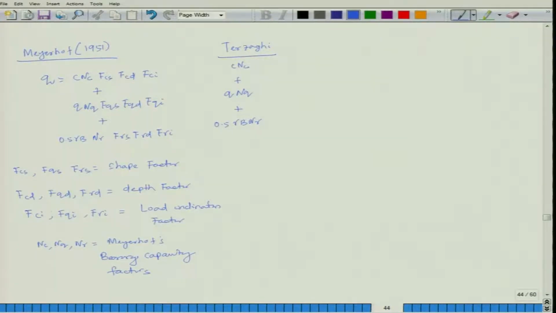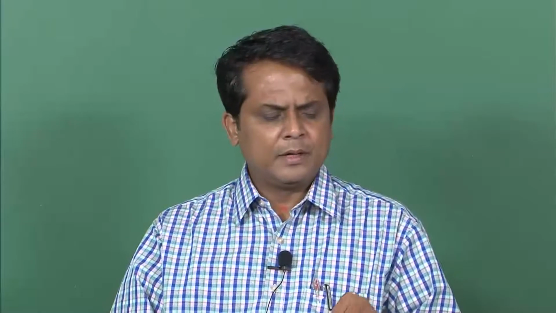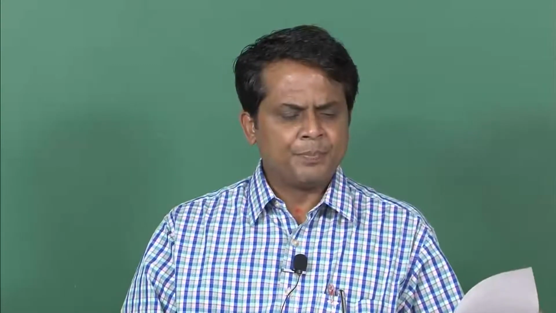In case of Terzaghi, it is only vertical, no inclined load. So, he has taken all the limitations in Terzaghi's bearing capacity theory into consideration and put it as Meyerhof's bearing capacity theory.